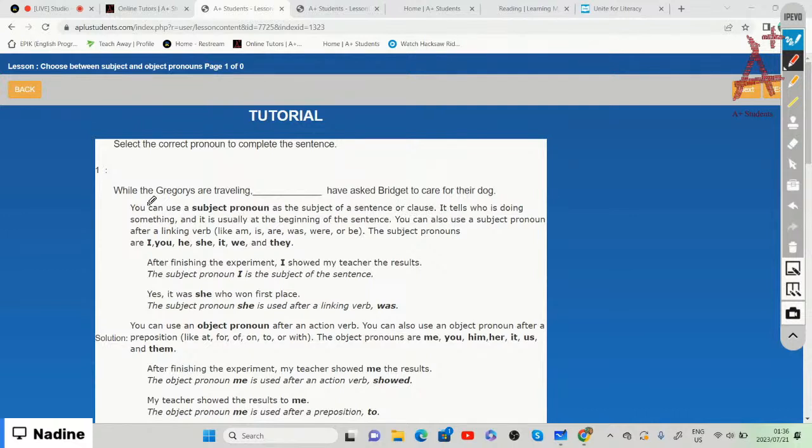Remember, a subject tells us who is doing something, and it is usually at the beginning of a sentence, right? So the subject basically tells us who is doing something, and it's usually at the beginning of a sentence.